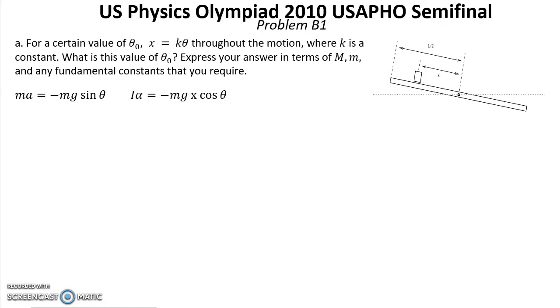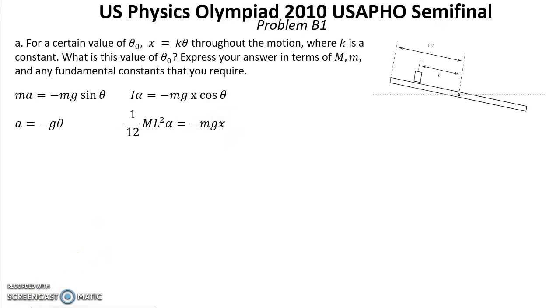Now because θ is always much less than 1, we can rewrite these equations in this form: the acceleration of the block equals negative gθ, and 1/12 big M L squared α equals negative mgx.